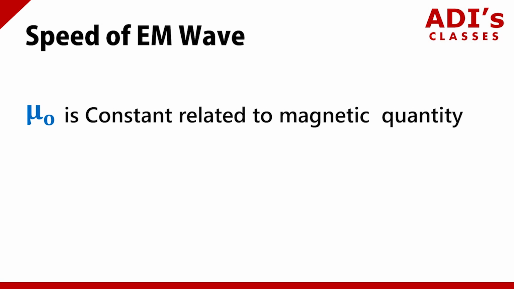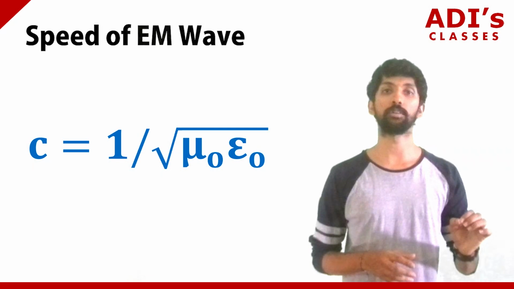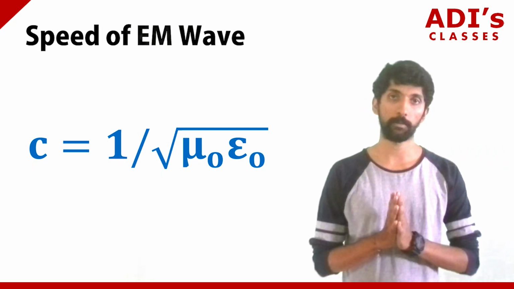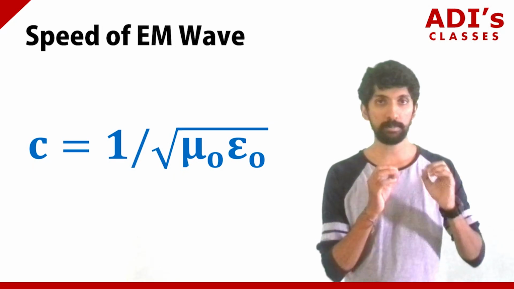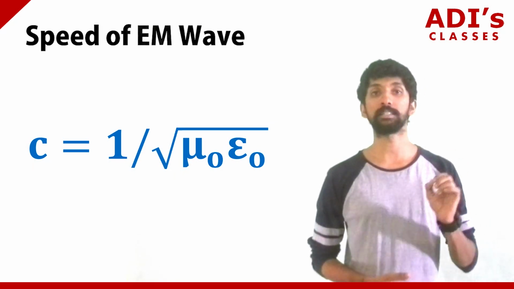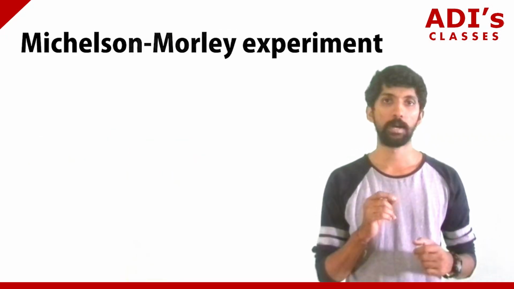So C is equal to 1 by square root of mu naught into epsilon naught. This is the speed of an electromagnetic wave. Since even light is an electromagnetic wave, we have this particular formula.